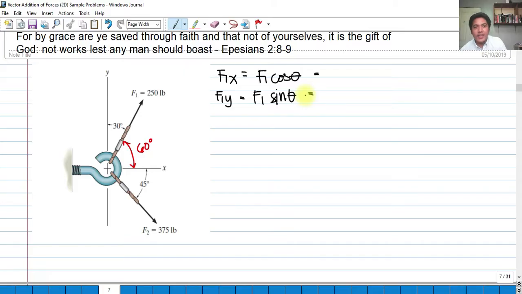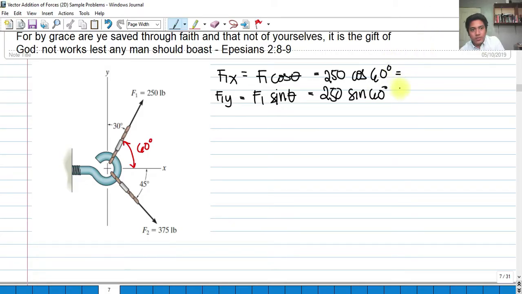And what is again the theta? The theta is the measurement of the angle with respect to the positive x-axis. So F1 is 250 cosine of 60 degrees with respect to the x-axis, and 250 sine 60 degrees here.